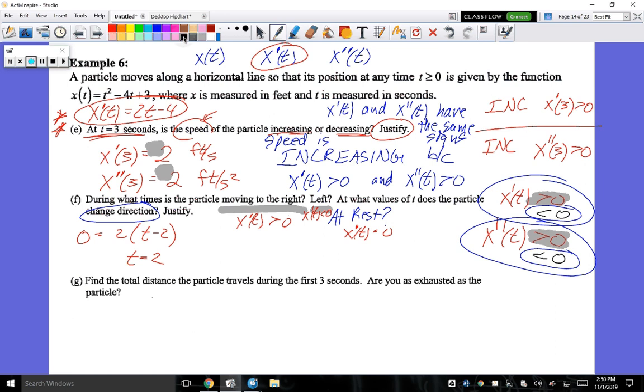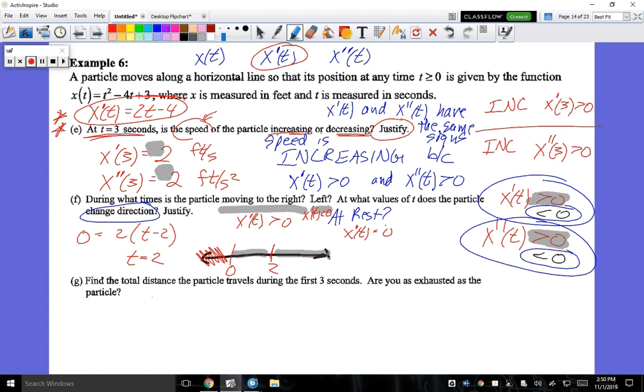So I make a number line with time equal to 2, and I'm also always going to put 0. We don't have negative time, so I'm not worried about that. But I want to see what the signs of these two intervals are that I'm going to test.